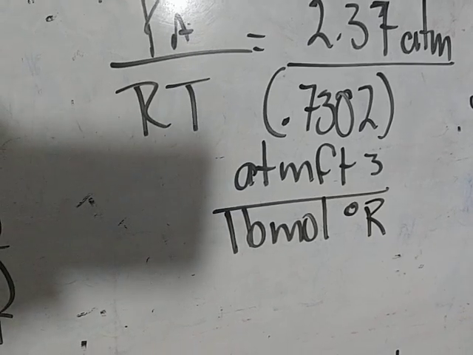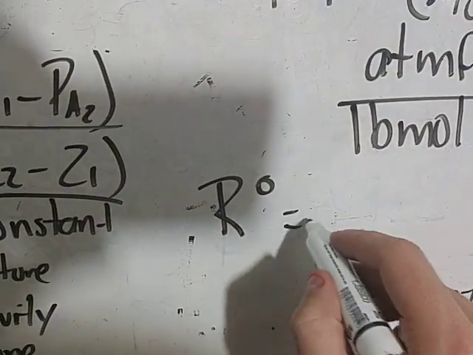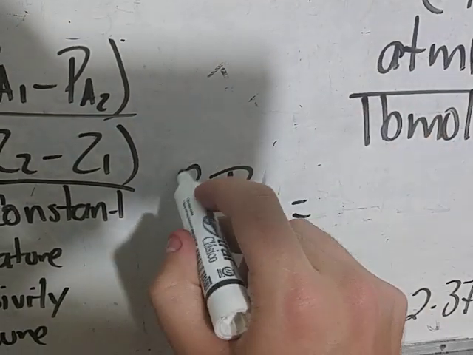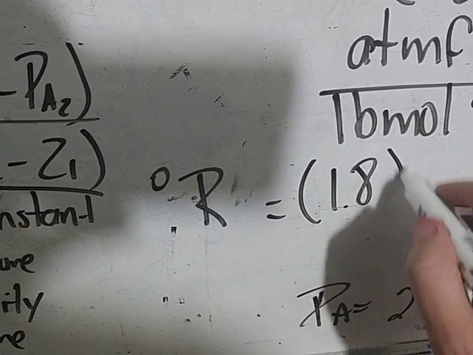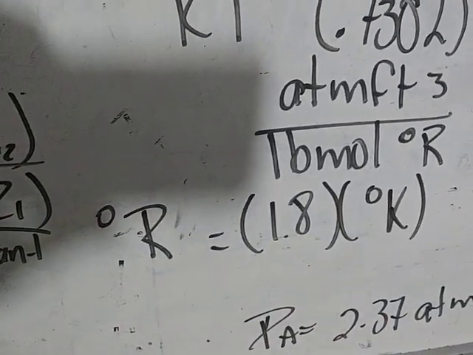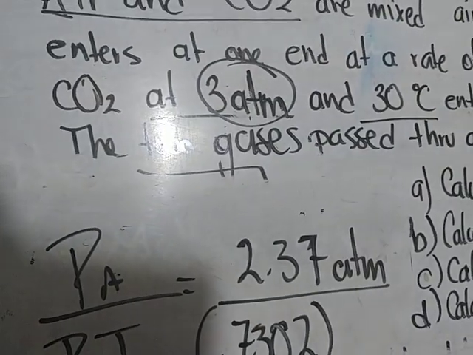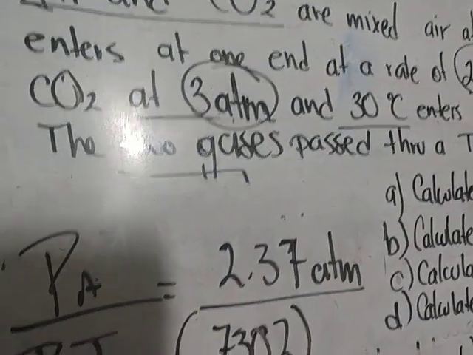Now, the Rankine degrees are different. So, how do we calculate the Rankine degrees? We're going to multiply 1.8 by the Kelvin degrees. So, I have to transform 30 degrees to Kelvin and then to Rankine.